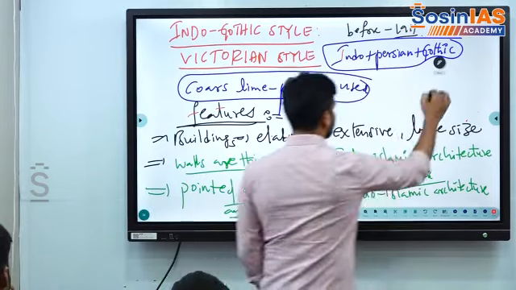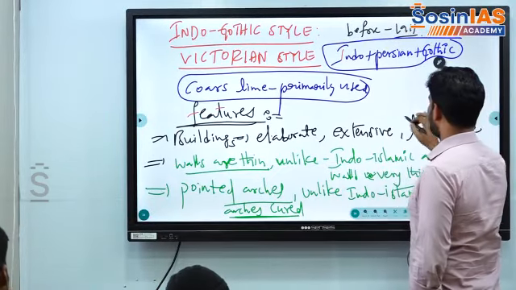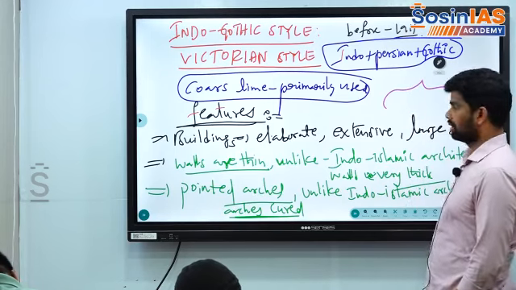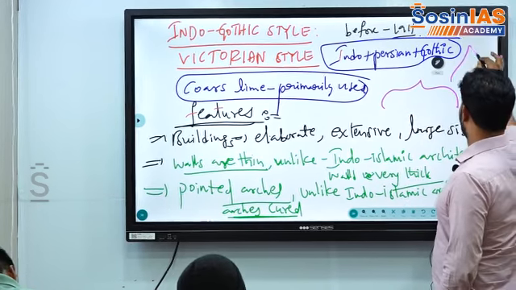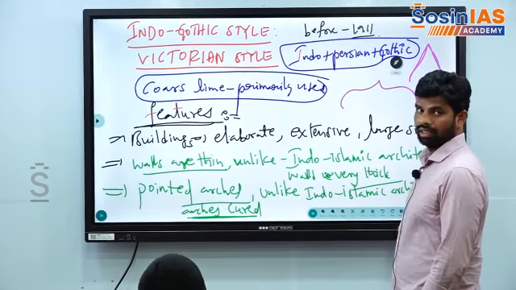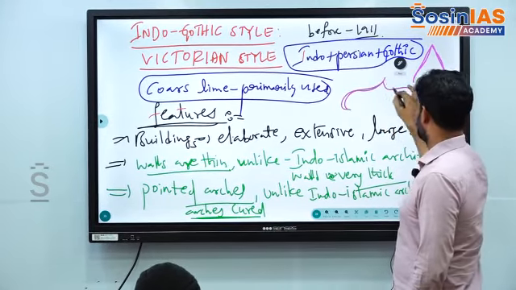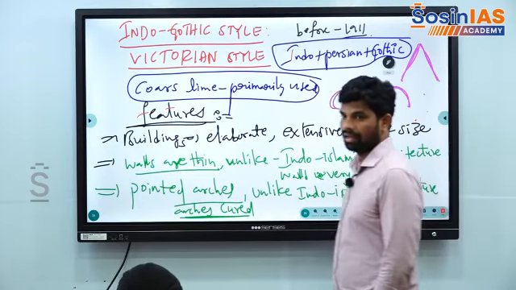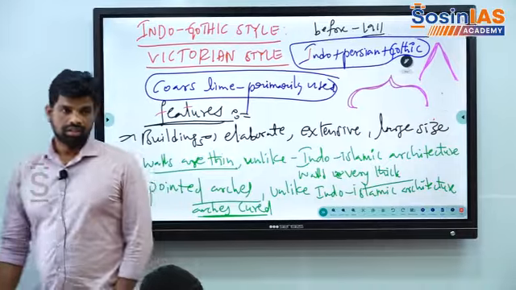So you will see the difference, right? For example, in Indo-Islamic architecture the arches are like this. But if you see the European influence, they are like this. So in the British influence there are pointed arches. That is the difference.